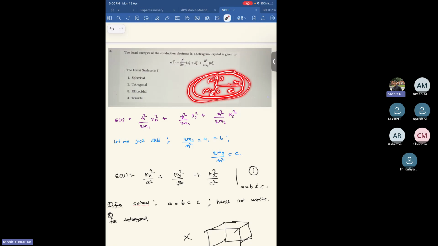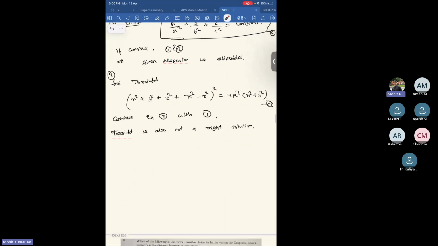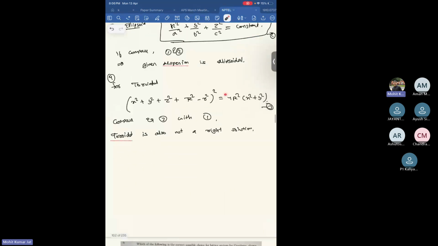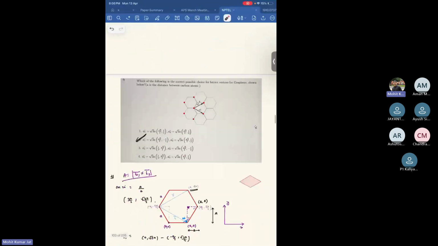So this can fall under ellipsoidal, since every sphere is an ellipsoid, but every ellipsoid is not a sphere. With that logic, only the third option satisfies the criteria. For toroidal, this has to be the equation, but this is not the case here, right? So that's why option 3 is correct.